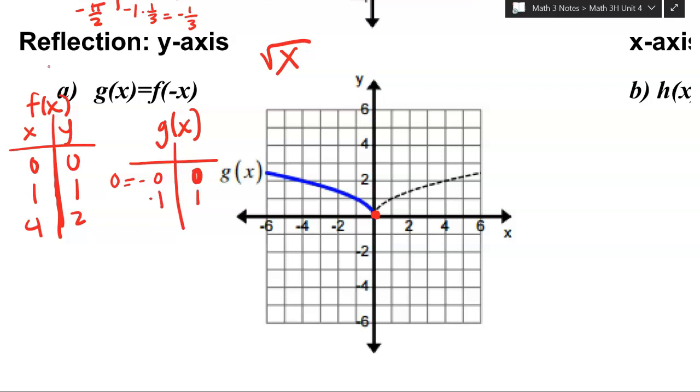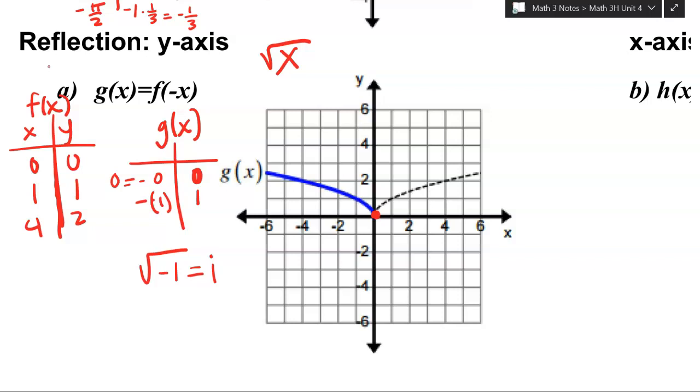Well, if we do our negative times that 1, it's a negative. We can't square root a negative 1. Remember, that's an i. So we have to look at the domain for those.